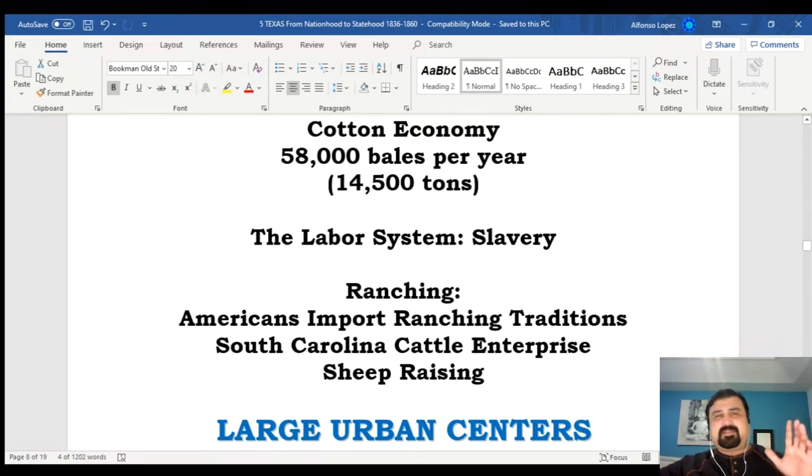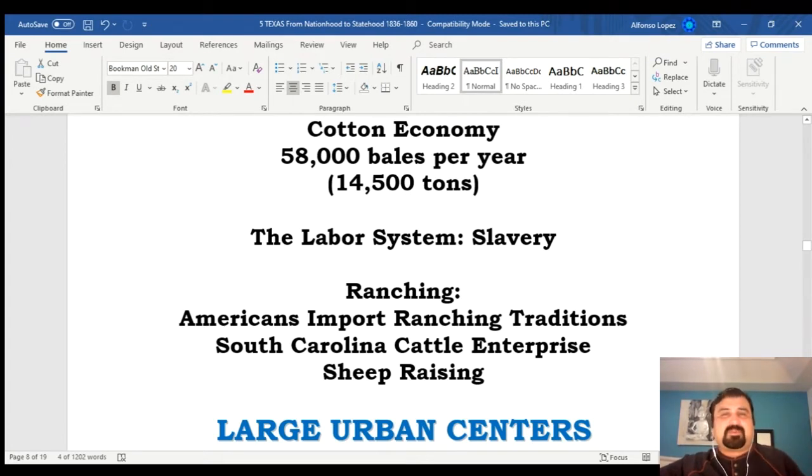So this is going towards a whole new era. Texas is now moving into a cotton economy, and cotton will become the dominant crop. In fact, this crop is going to sustain the entire economy of Texas once Texas becomes part of the American Union. Okay, in 1845, Texas was a cotton state, and the entire financial system of Texas was sustained by cotton exports, cotton production.